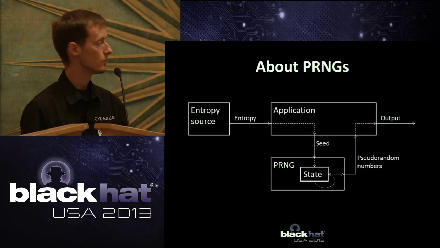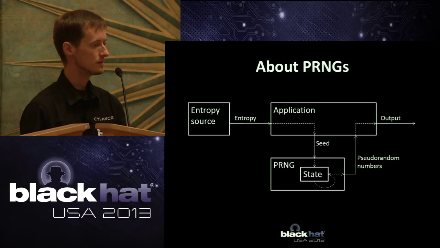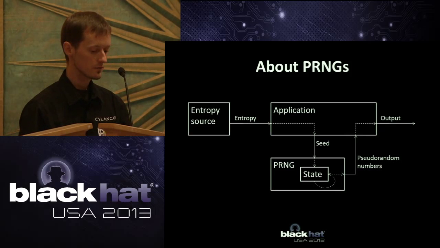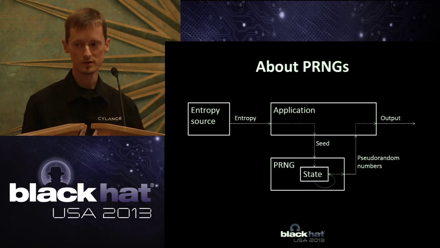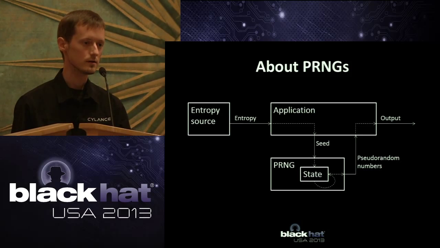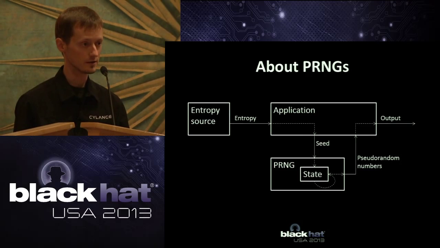The other case would be where the state is significantly larger than the seed. And then the seed is run through some algorithm for deriving an initial state. For instance, the .NET PRNG accepts a 32 or technically 31-bit seed, and has like a 1700-bit internal state. So not every possible state is directly realized from a seed value.